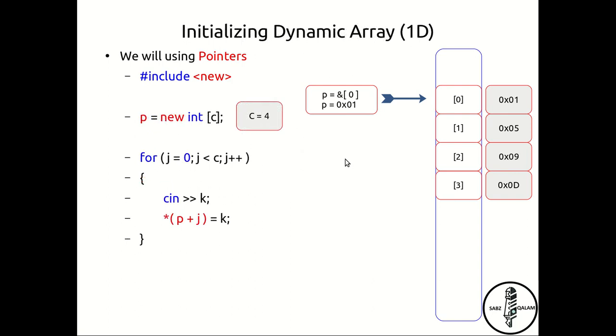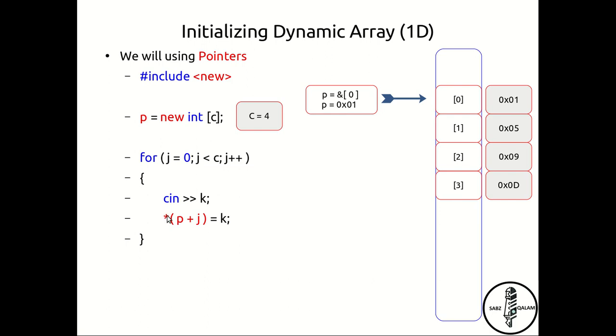Having declared and allocated the requisite space, let's consider initializing our dynamic array. We can do this fairly easily using a loop where J starts from 0 because that's the 0th index and continues till C minus 1. Remember, for an array of size 4, the index starts from 0 and ends at 3, as shown in this diagram on the right hand side.